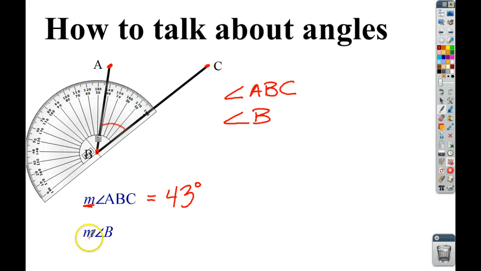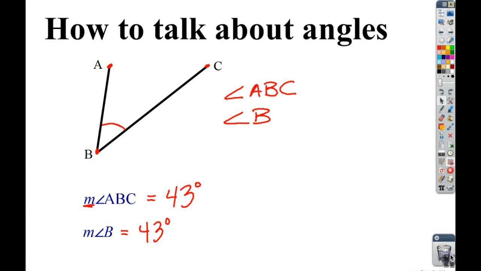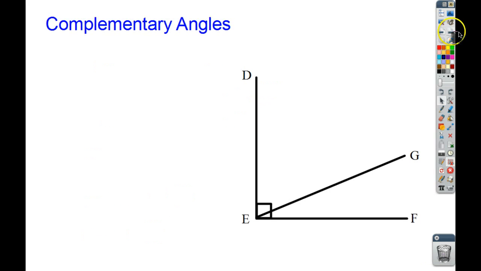And that means this is saying the same thing. So the measure of angle B, how many degrees is it? It is 43 degrees, okay? And a lot of this is just sort of terminology. It's sort of how we talk about these specific things, okay? So, yeah, there you have it. This is typically how we're going to talk about angles. All right, so let's move on.